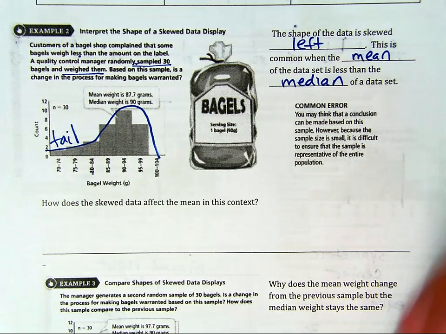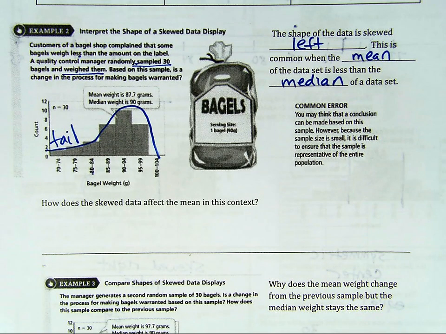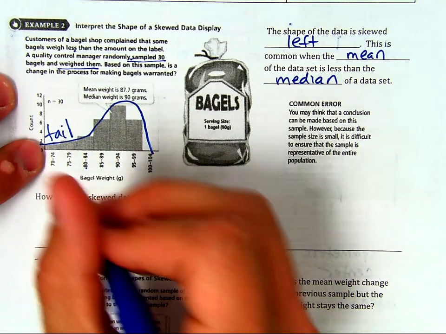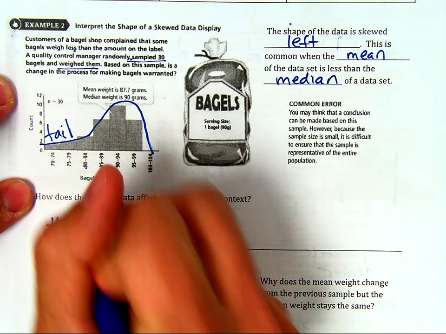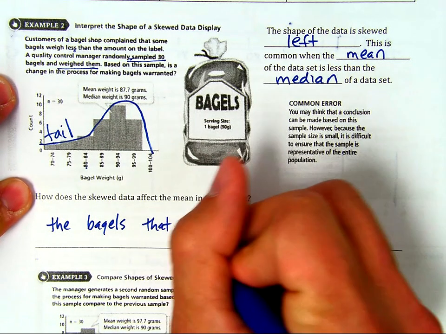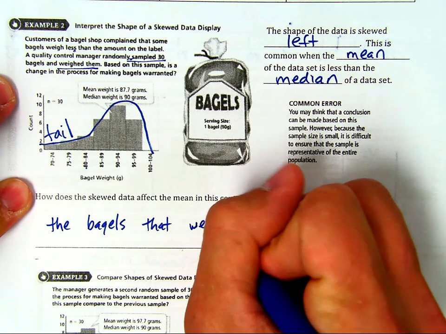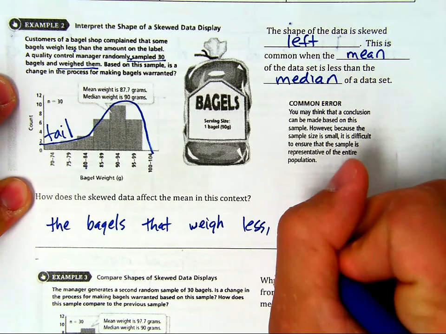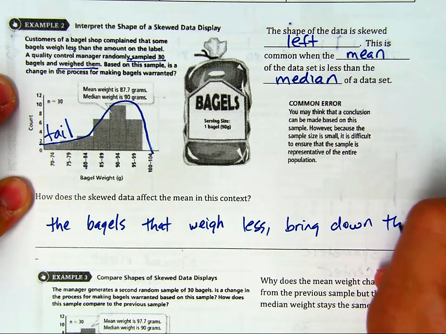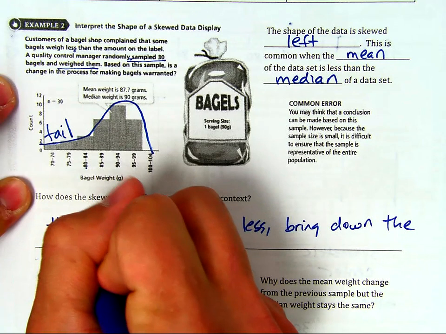How does the skewed data affect the mean in this context? The bagels that weigh less bring down the mean, or the average.